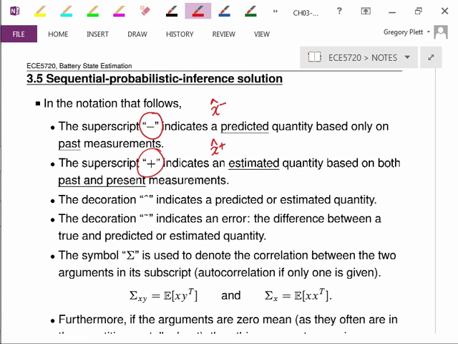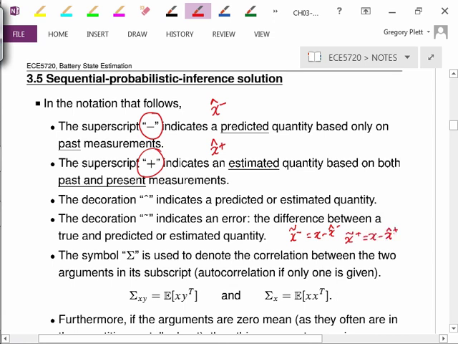If I have a decoration that's a tilde, so x with a tilde on top, that's the difference between the truth and the predicted or the estimated quantity. So x tilde minus equals x minus x hat minus, and x tilde plus equals x minus x hat plus.